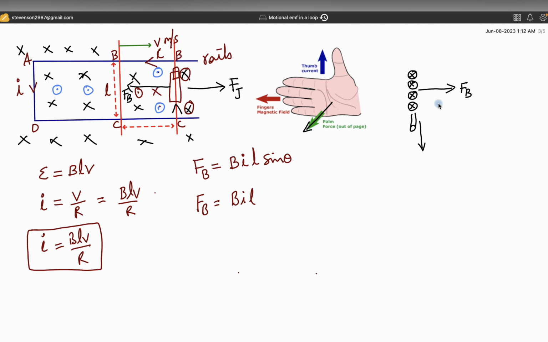Now, what is the problem if it is this way? The external agent is also exerting force to the right. The moment the external agent exerts force to the right, there is induced EMF, induced current, and that induced current experiences the magnetic force to the right.